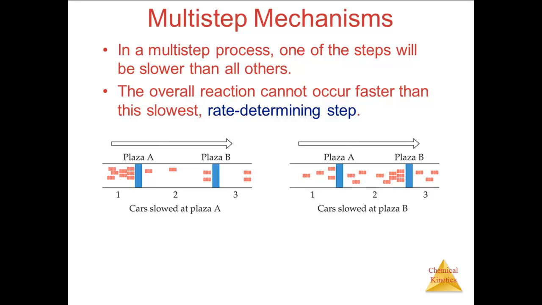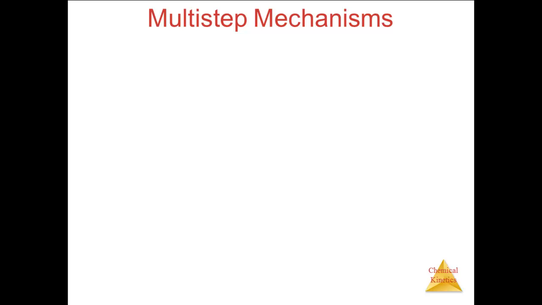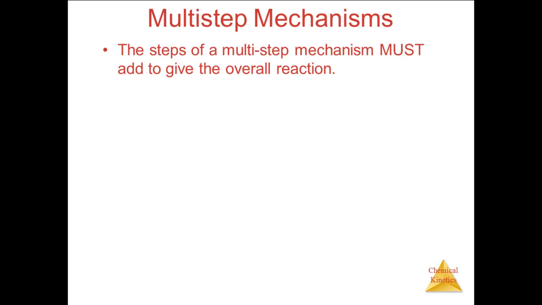In a similar way, in order to increase the rate of a chemical reaction, one must increase the rate of the slowest, or rate-determining, step. The second important characteristic of a multi-step mechanism is that the elementary steps must add to give the overall reaction.